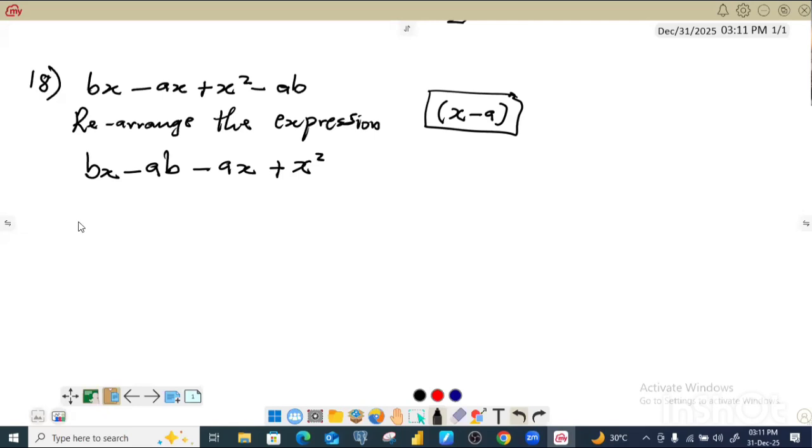So in looking at this, we can say b into x minus a, minus x into a plus x. Okay, let's use minus here so that it will give us plus here.